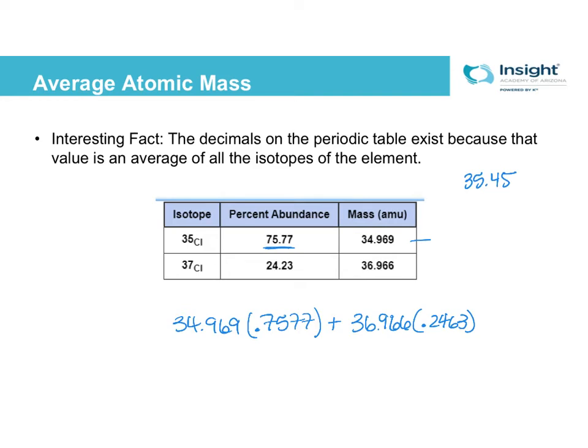So 34.969 times 0.7577. So that's going to be 26.50 plus 36.966 times 0.2463 equals 9.10.